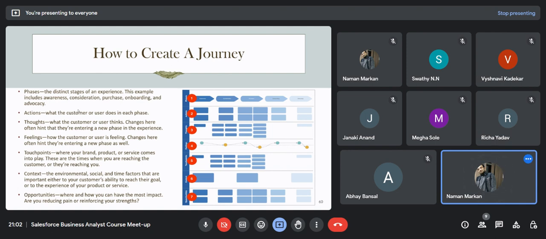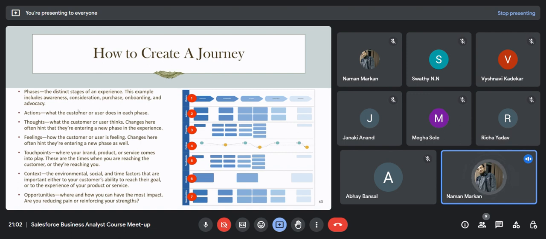Then we will look into the touch points, whether your brand, product, or service. These are the things which come into this portion. These are the things through which you reach out to the customer, or the customer reaches us, with the help of these touch points: brand, product, services, application, anything.